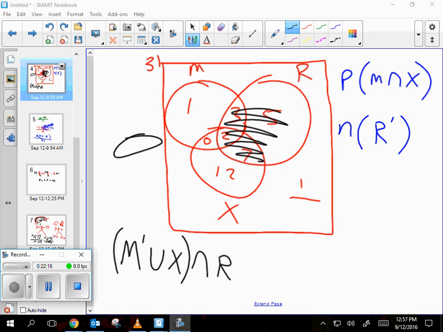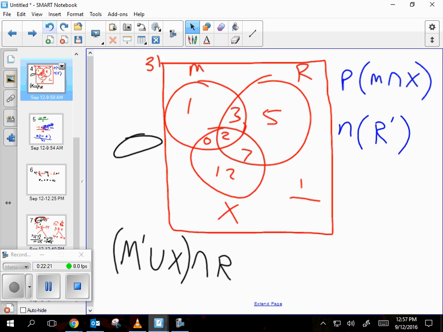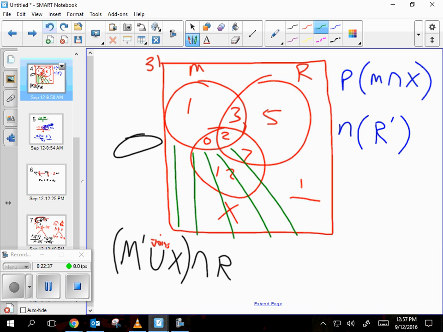Good. And the next one is definitely the hard kind, and that is where you've got to try to overlap with this and union with that. Union means joins with. So not X joins, sorry, not M joins X. Here's not M. All of these people are getting an invite to the party, the not M's.